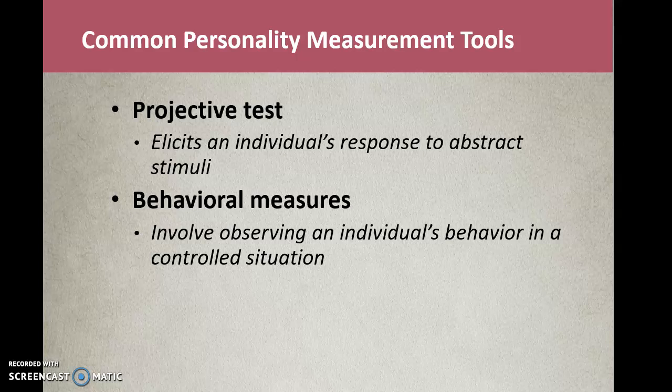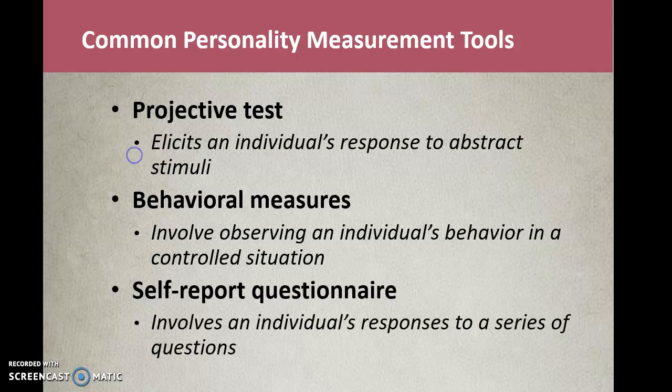They're not going to behave as they normally would. A self-report questionnaire. That involves the individual responses to a series of questions. The MMPI is one of those tests, and if you've ever tried to get in law enforcement, you took the MMPI. But people, again, they answer how they want to be seen, not necessarily who they are.